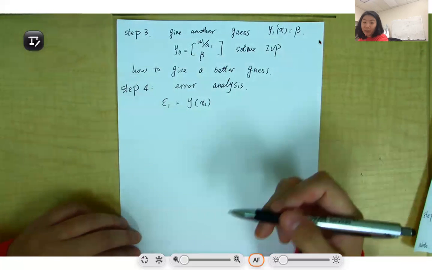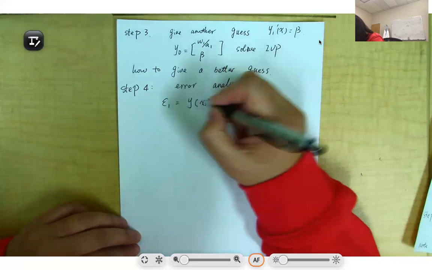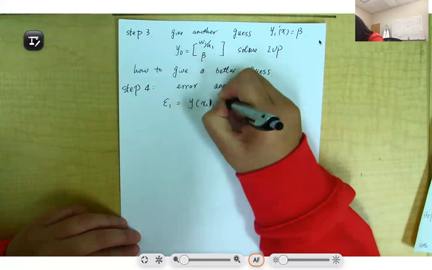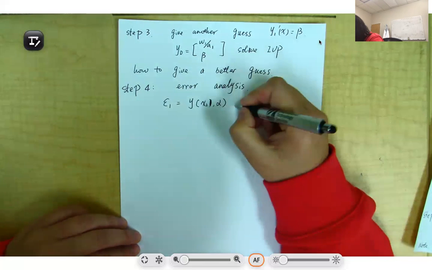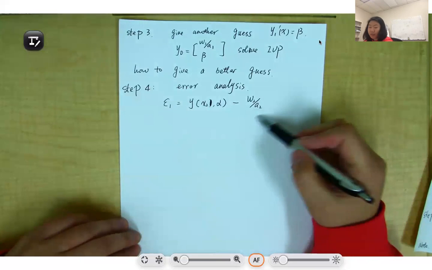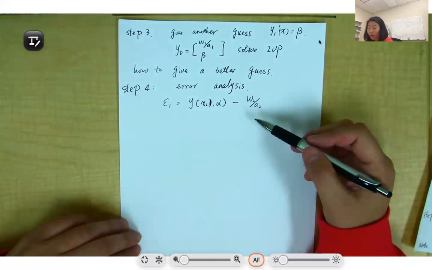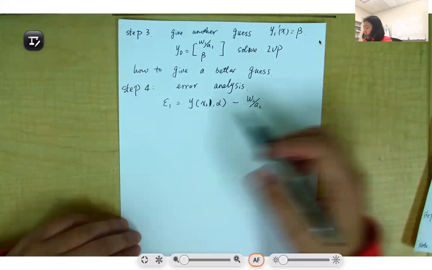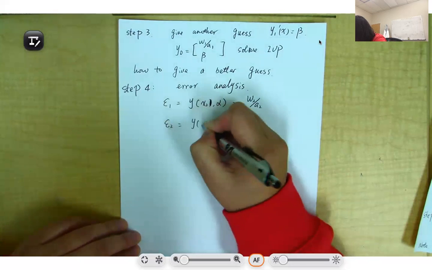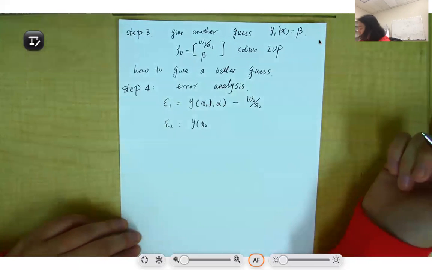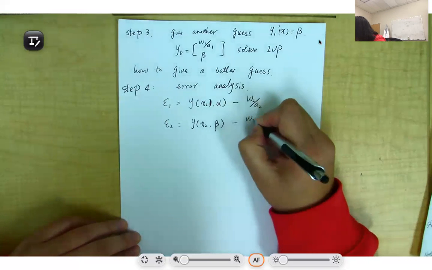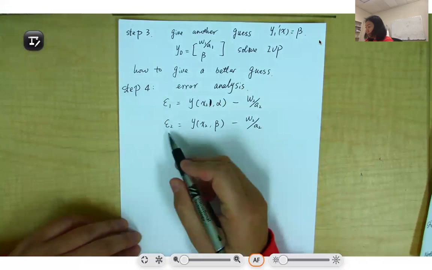That is your boundary condition, with the initial guess alpha, minus w2 over a2. So that is the boundary condition you have from the beginning, from the problem statement. You get an error. Then error 2 is similar. It's still at the x2 point, but with the initial guess beta, you will have another error, error 2, okay?